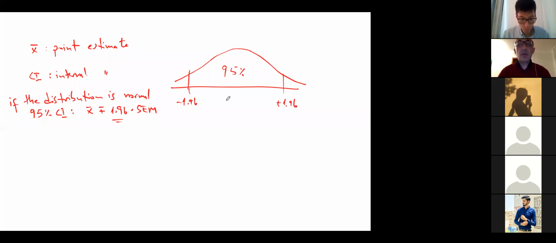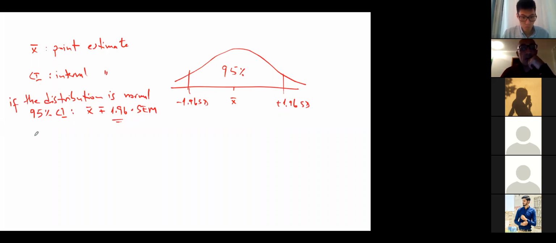In between the mean plus minus 1.96 SD, we have 95% of the cases. Therefore, we use this 1.96 here.